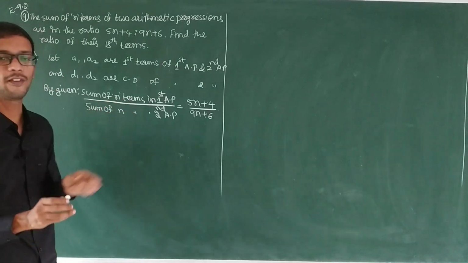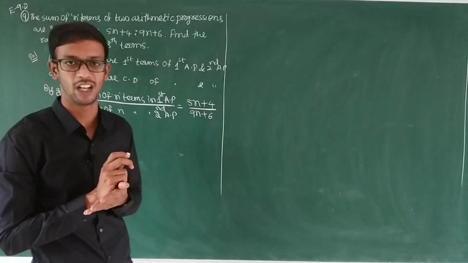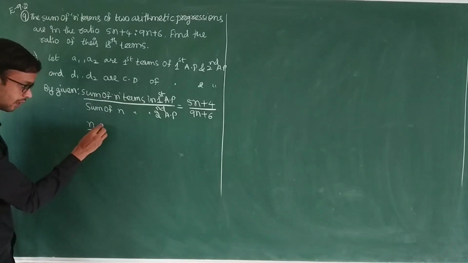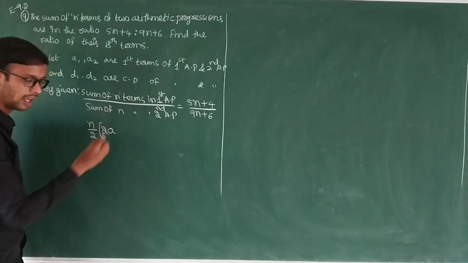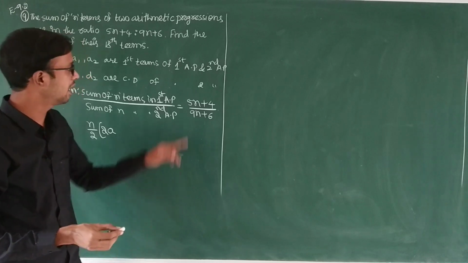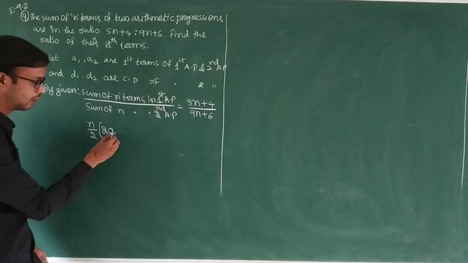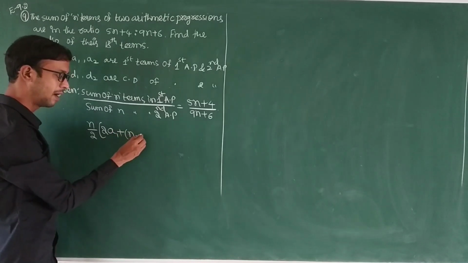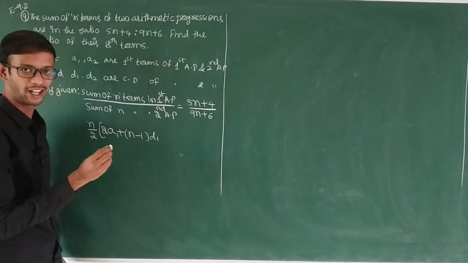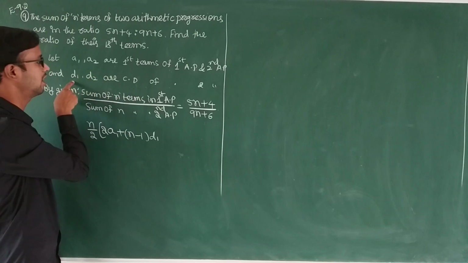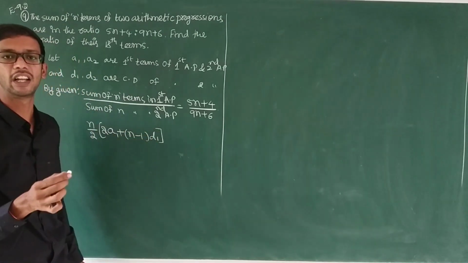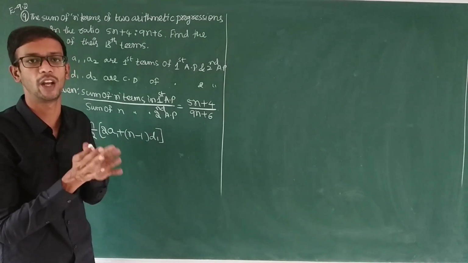So here I use the formula for the sum of n terms in an AP: n by 2 into 2a plus n minus 1 into d. Actually it is a, but here the first term is A1. So I write 2a1 plus n minus 1 into d. In the actual formula it is d, but here the common difference is D1. Sir, why are you taking D1, D2? To show the difference.